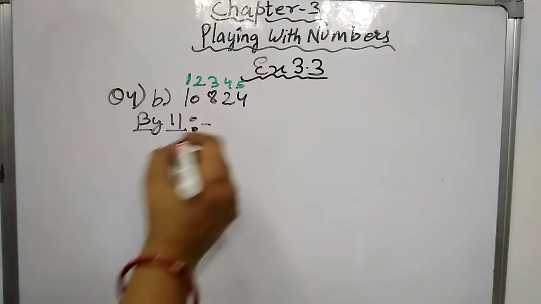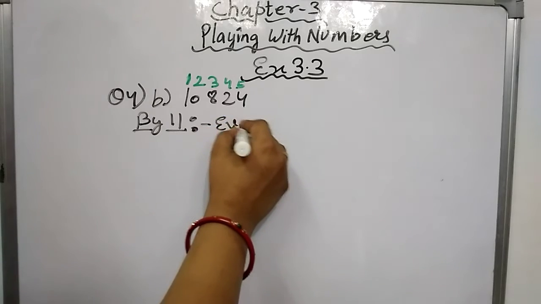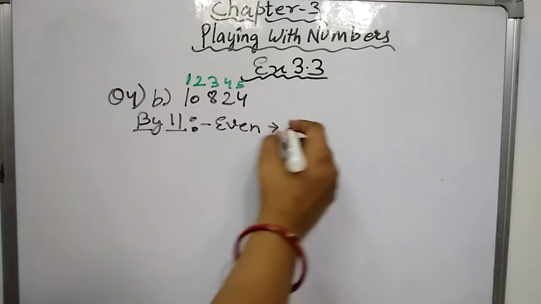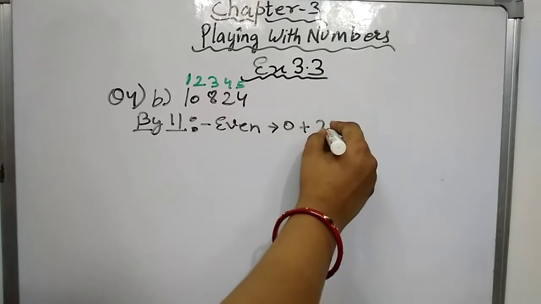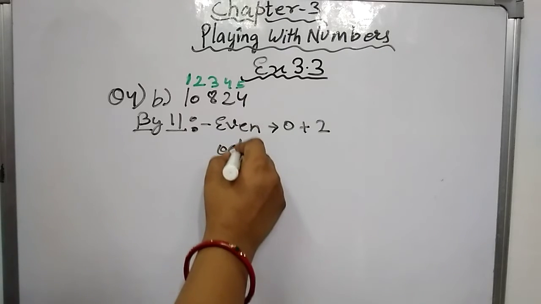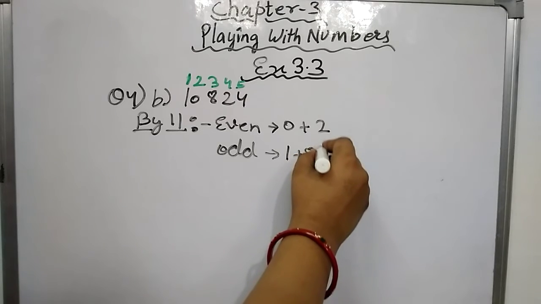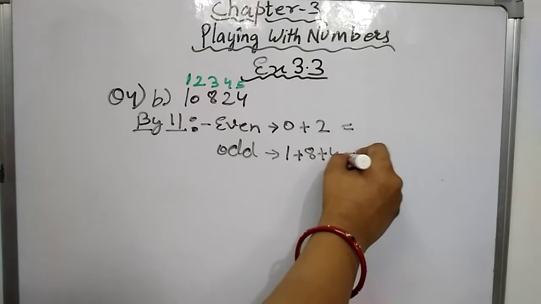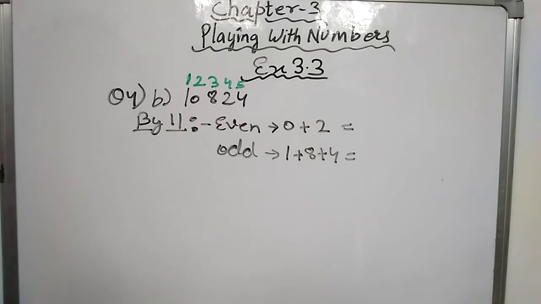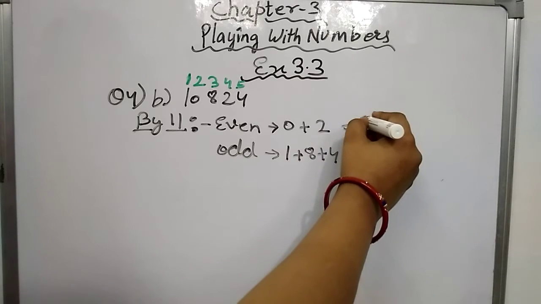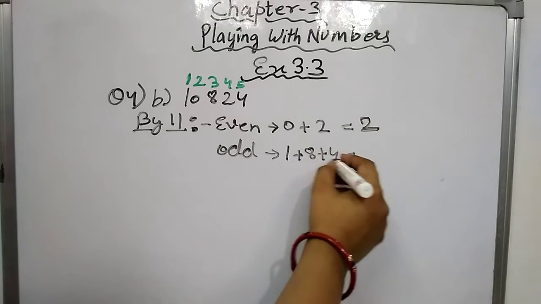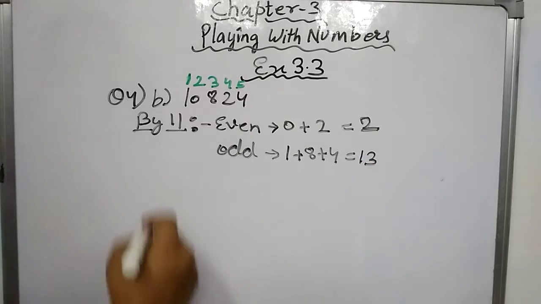So let's check first even digits 0, 2, and odd digits are 1, 8 and 4. On adding them, we get an answer as 2 and 13.